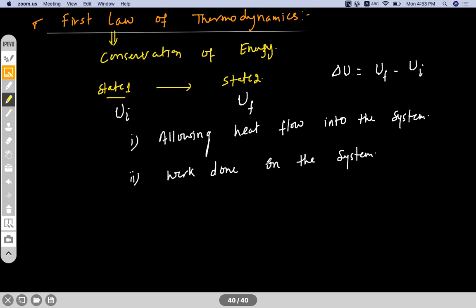Both ways we can change the internal energy.